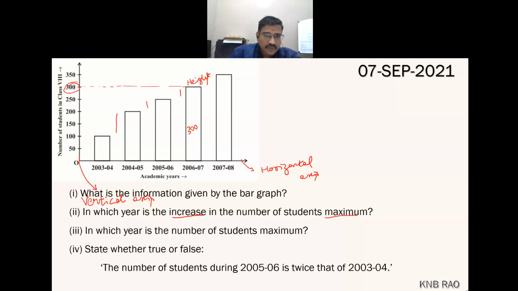Because the strength of class 8 in 2005-06 is 250, whereas the strength in 2003-04 is 100. If you observe, 250 is not only twice, it is more than twice. It is 2.5 times. That's why it is false. He says only 2 times, but it is more than 2 times. That is 2.5 times. I hope you have understood this.